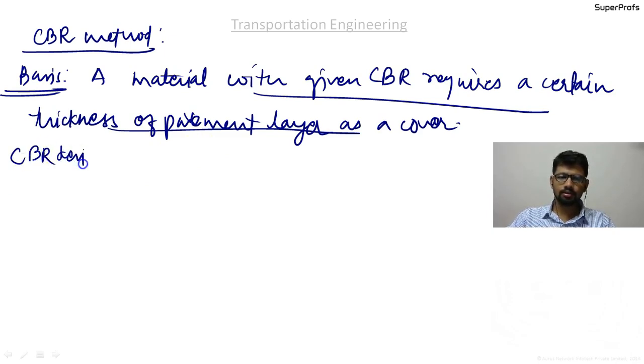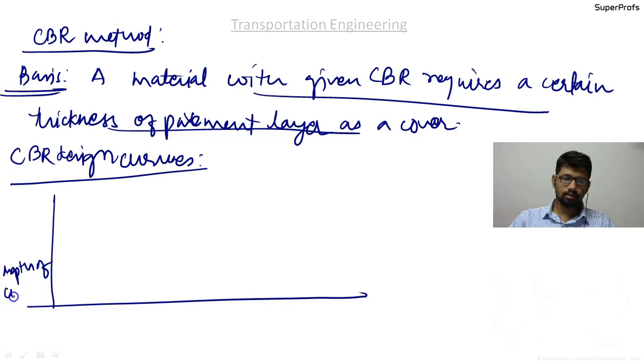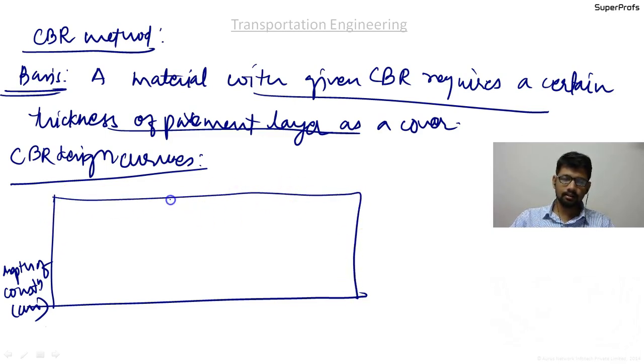CBR design curves. It is a very simple thing. On one axis you will have the depth of construction in centimeters, and on the other axis the CBR ratio, California Bearing Ratio, in percentages.